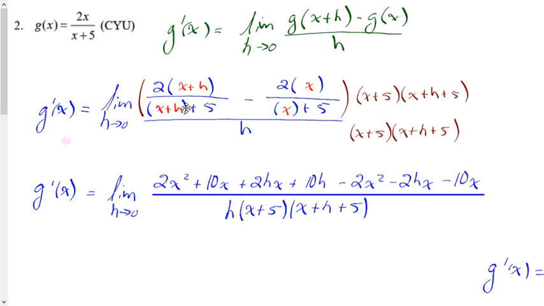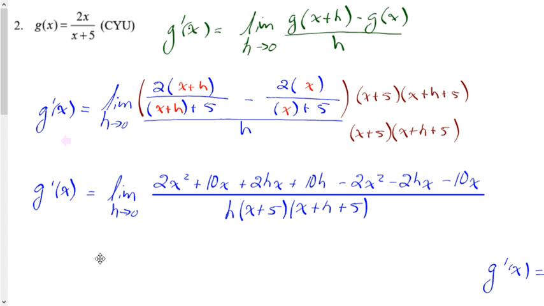So that's where these first 4 terms are coming from. And secondly, when I multiply this pair of factors to this second expression, the x plus 5's cancel out, and I have this negative 2x times x plus h plus 5. That's where these 3 terms here are coming from.